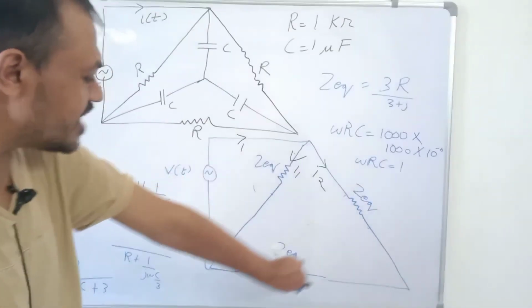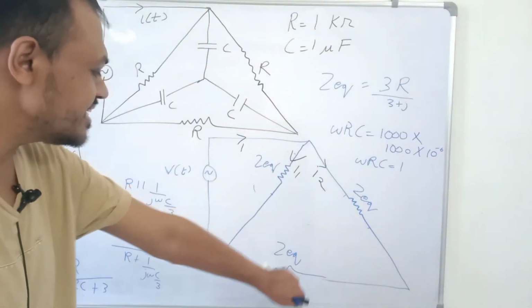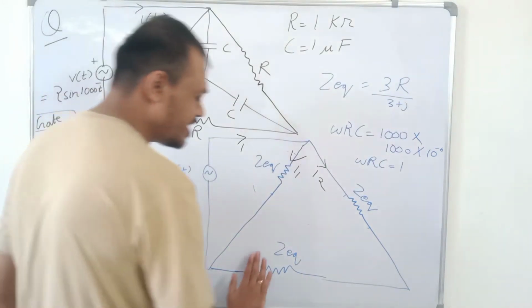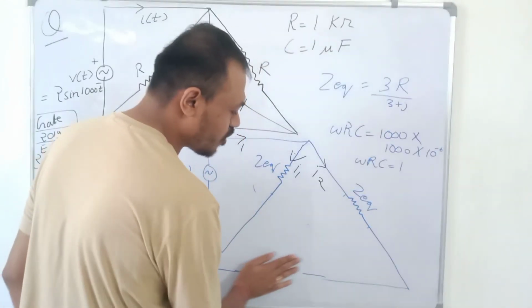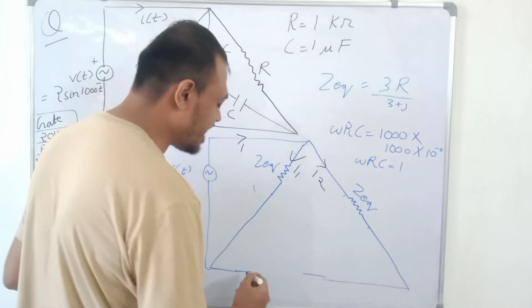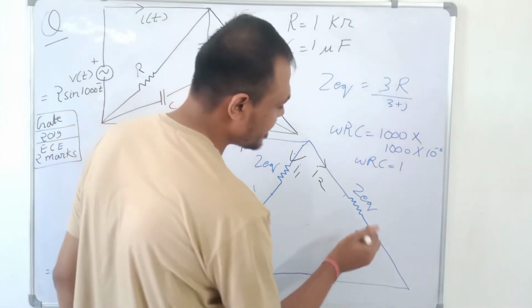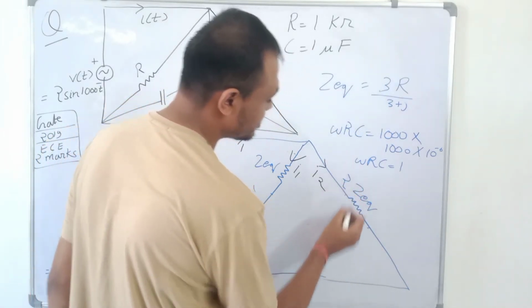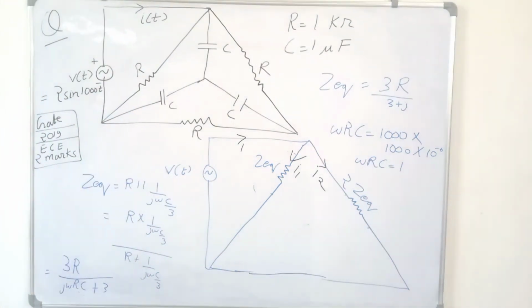Now this Z equivalent and this Z equivalent are in series, so they will be equal to 2 into Z equivalent.